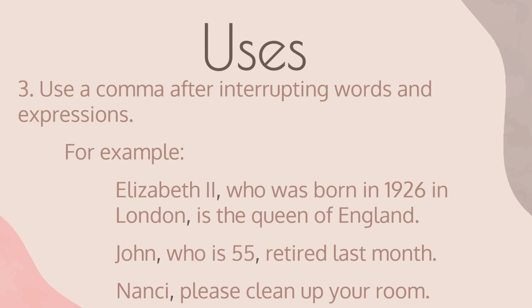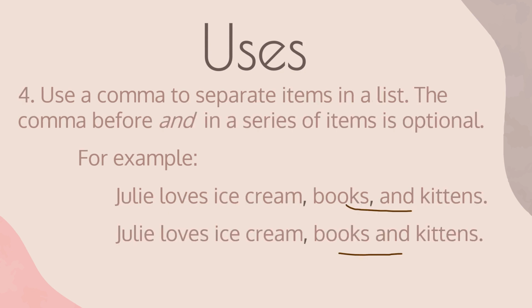John, who is 55, retired last month. Here, the main thing that we wanted to communicate was John retired last month, but we interrupted this sentence using commas to add additional information who is 55. So, you can use commas in this way. Let's take a look at last example. Nancy, please clean up your room.